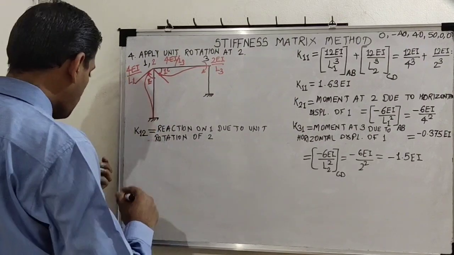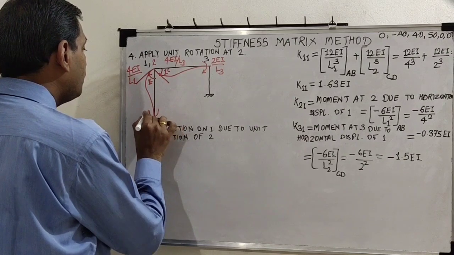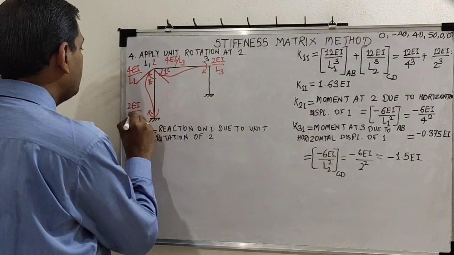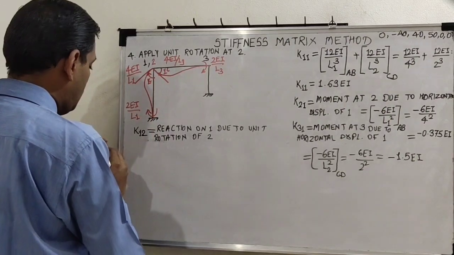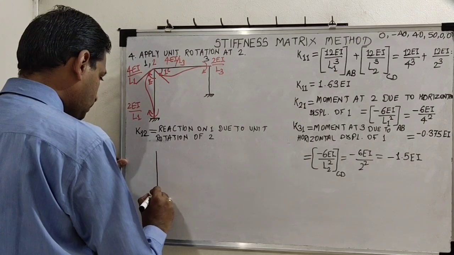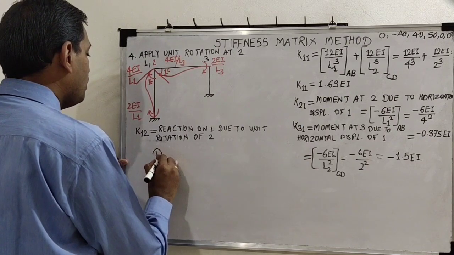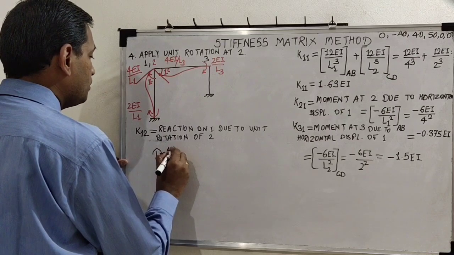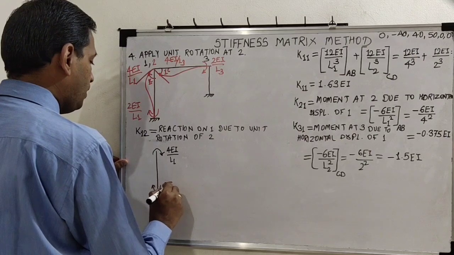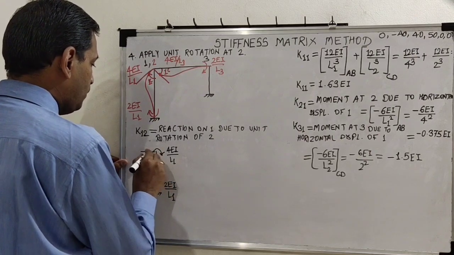So we will take free body diagram of column AB. So here I will show the half value of 4EI by L1. So it will be required. Okay. So draw column AB, free body diagram, and find out horizontal reaction on B. So this is 4EI by L1, this is 2EI by L1. Both are clockwise, so it has to be towards left.